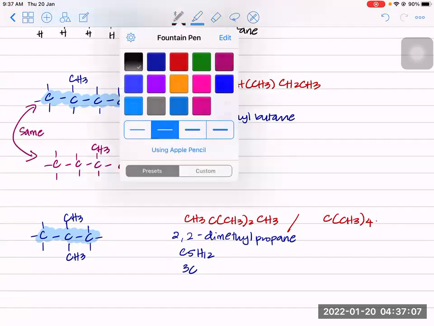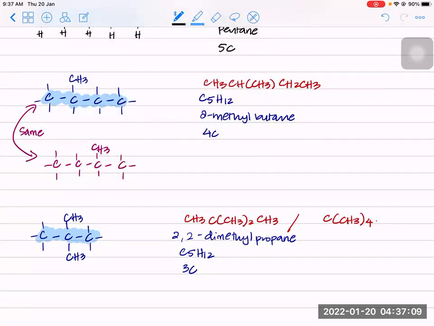That is why you need to know your naming properly. If you name this, this will also be what? 2-methylbutane, because now you will number from this side. Here you were numbering from this side. So your alkyl gets the least number. So this is also 2-methylbutane. So both of these are the same. So it's not going to be counted as two separates.